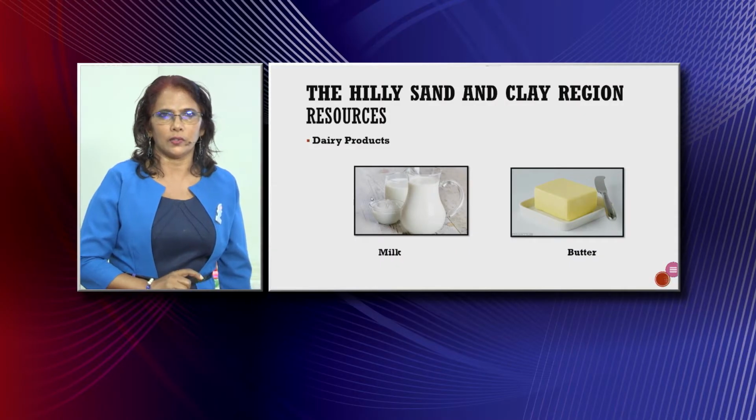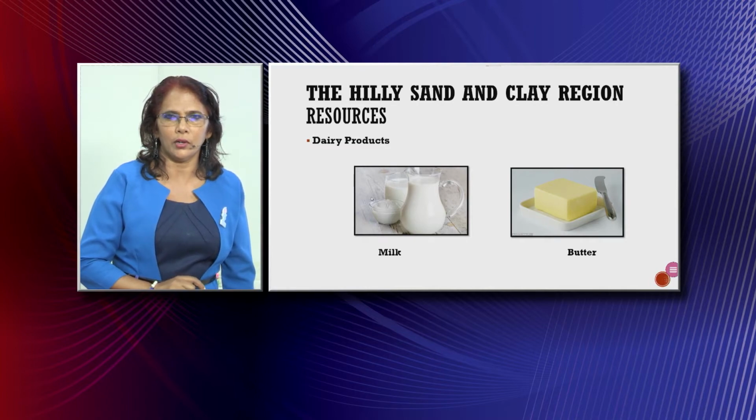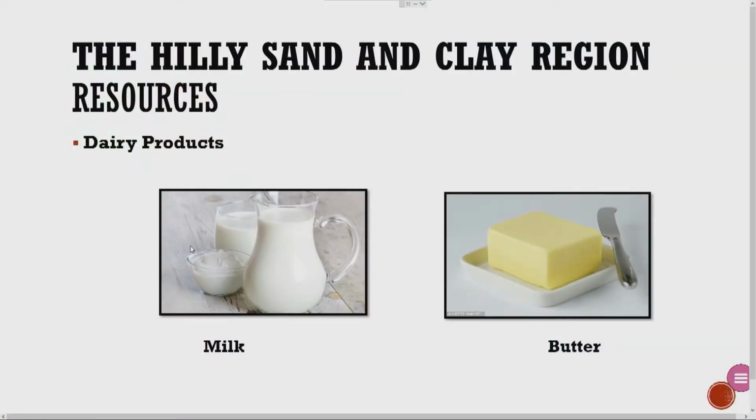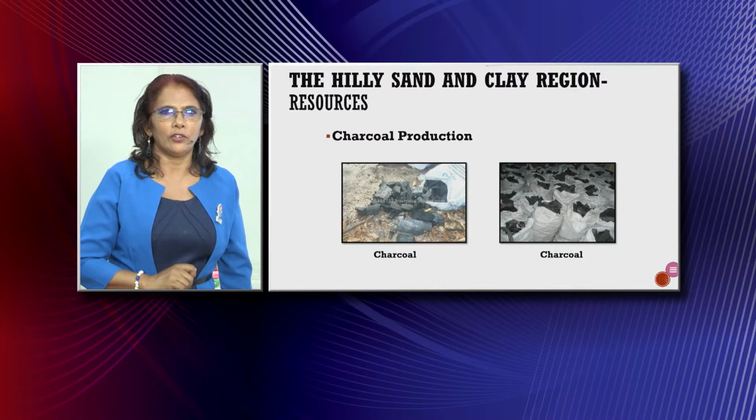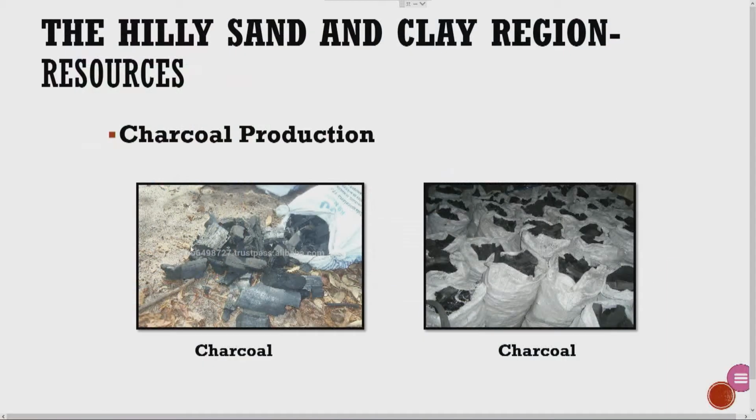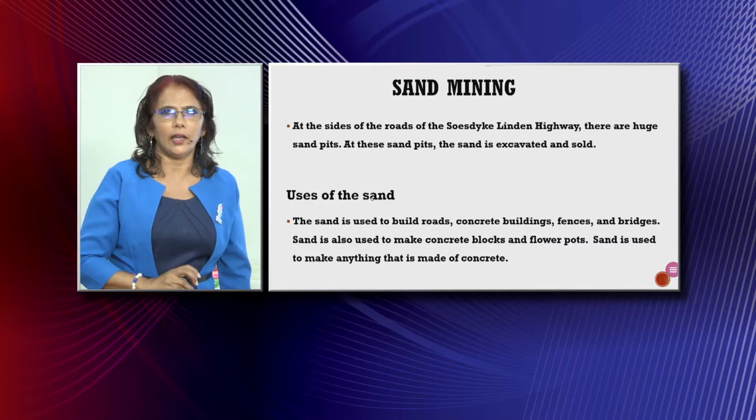Dairy products. For our dairy products, we have milk and butter. Resources, charcoal production. We can see we have the charcoal there, and then we have charcoal that is packaged for sale.